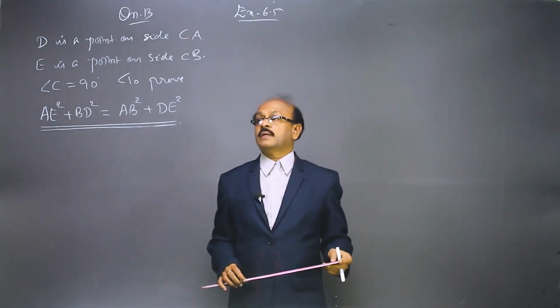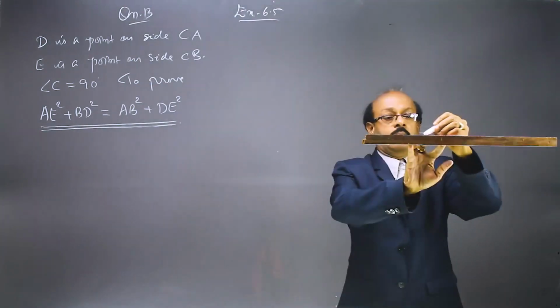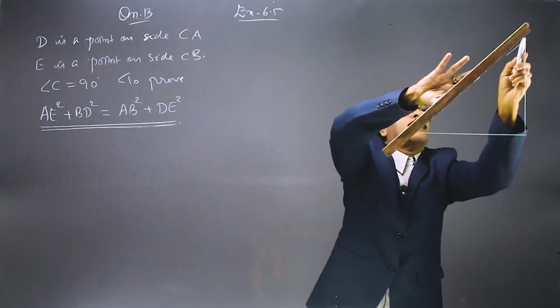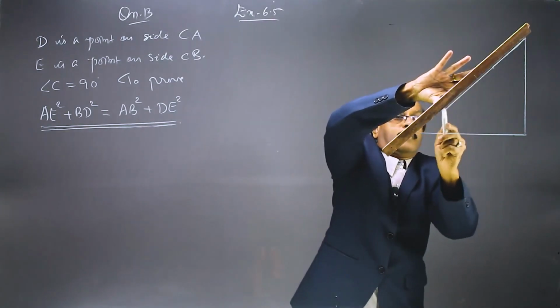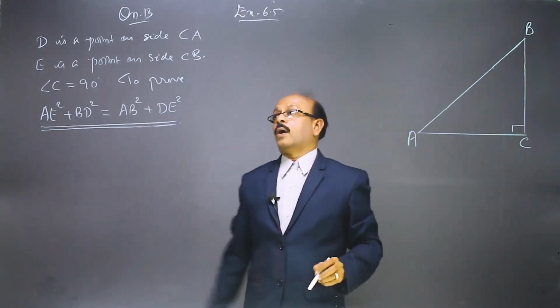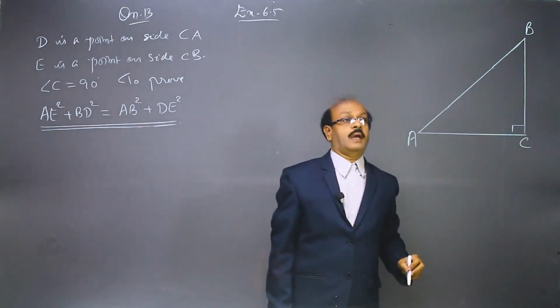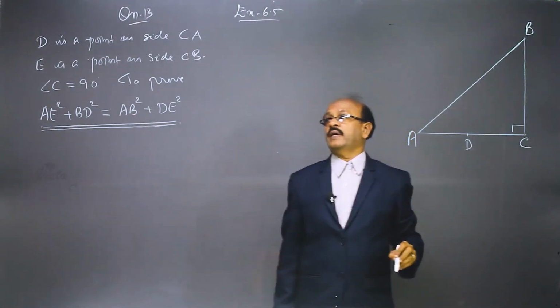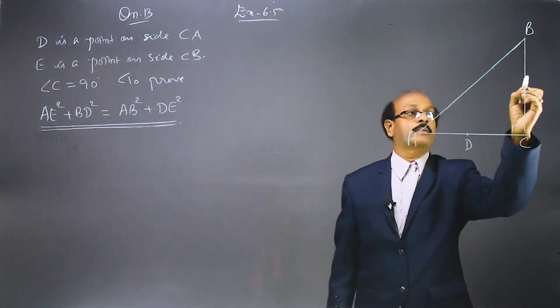Right triangle ABC, right angle at C. This is 90 degree. Angle C is 90 degree. Now D is a point on side CA, and E is a point on side CB.